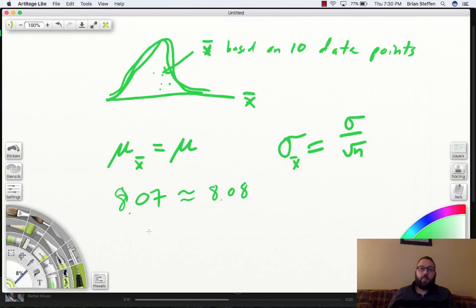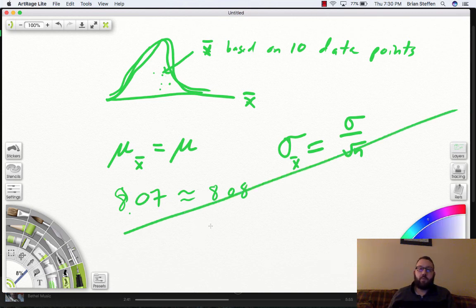If I'm doing sample proportions, I'll go back to blue because that's the color I was using for sample proportions.